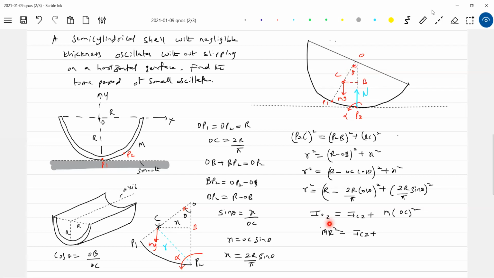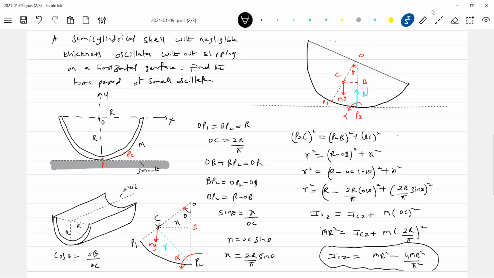Okay, now we know IOZ, MR square. So M into, what is OC? OC should be equal to R by pi. Okay, from this, I'll get ICZ. So MR square equal to ICZ plus 4 MR square by pi square. Okay, this is the ICZ. Now I'm in a better position. Now, can I get IP2Z?